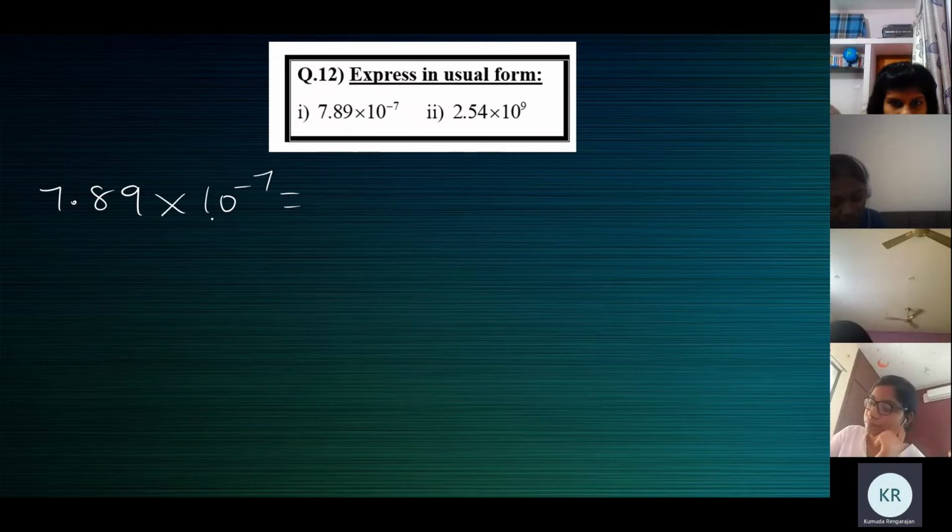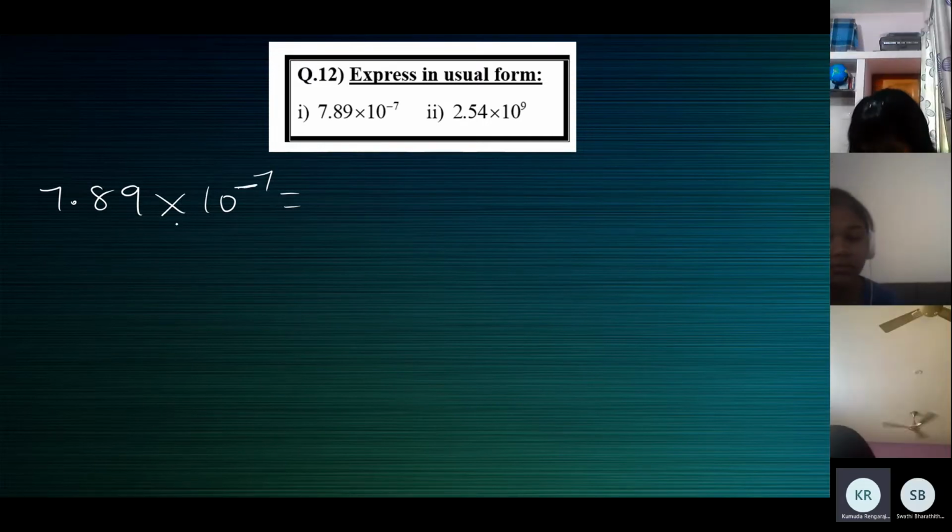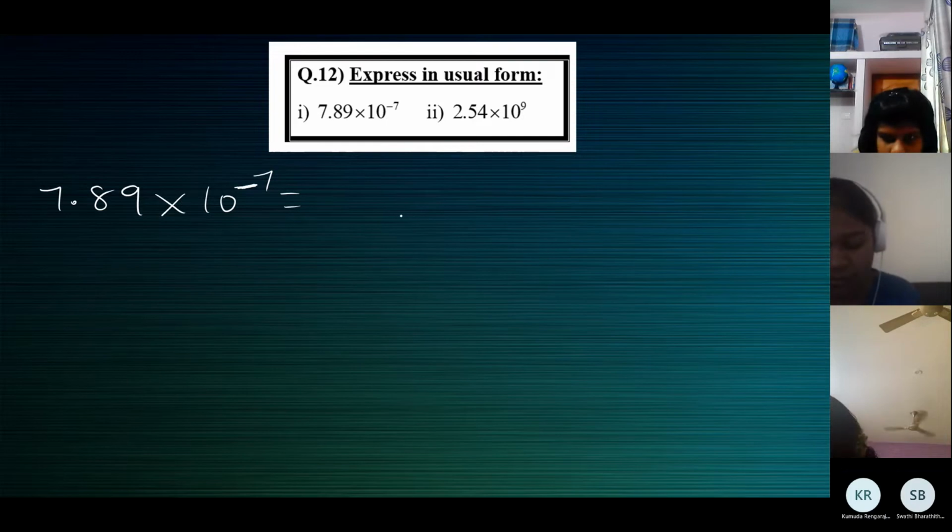Okay, so here when you're writing in the usual form, if the power is negative, you need to reduce the number. Remember that. So accordingly, you should shift the decimal point. If the power is positive, you should increase the number.